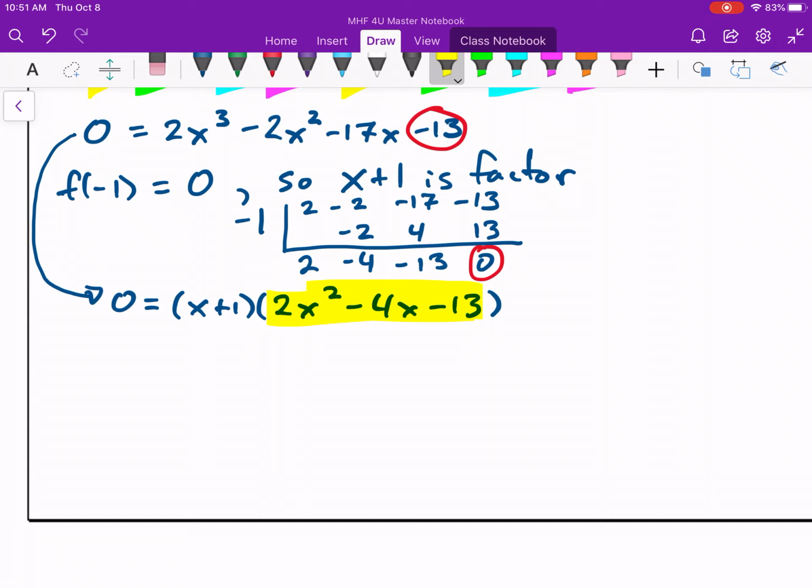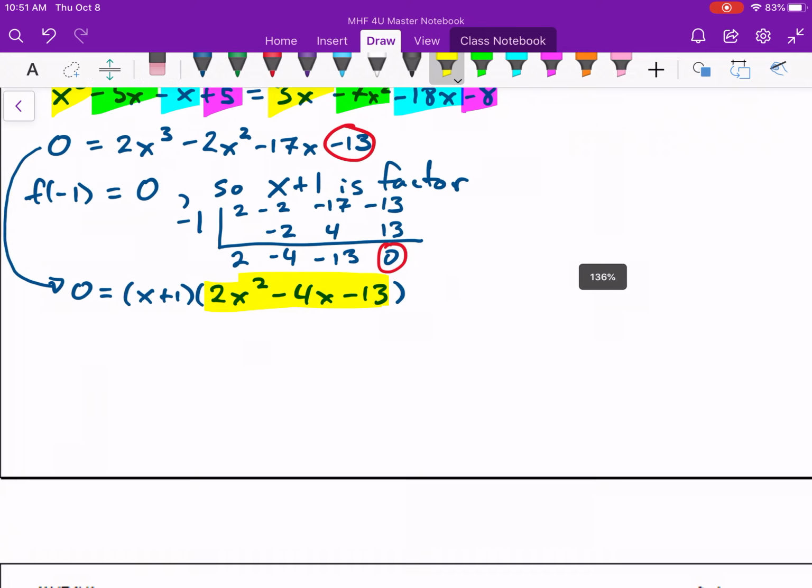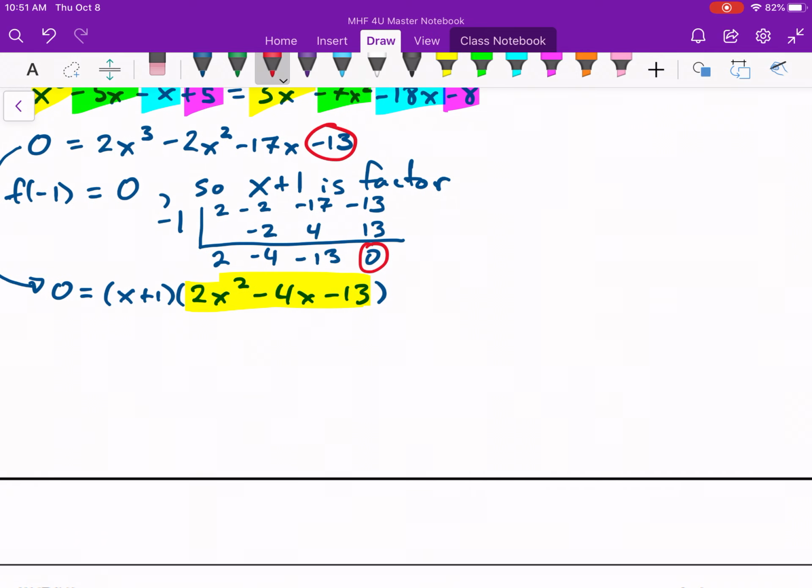If we check the discriminant, and let's do that over here, b squared minus 4ac, that's our discriminant, if you recall that. And if I put negative 4 squared minus 4 times 2 times negative 13. That's my a, b, c.